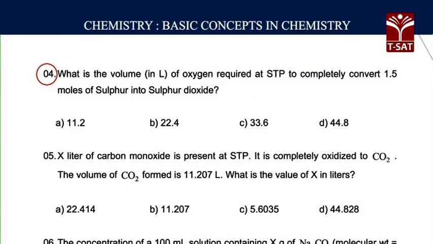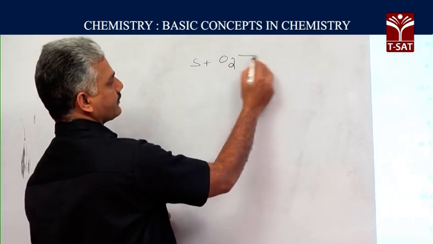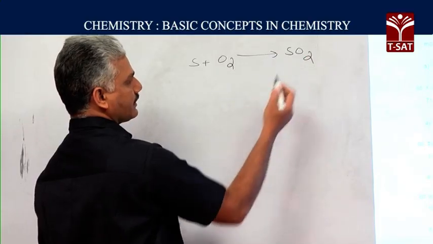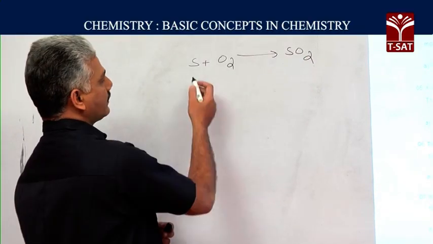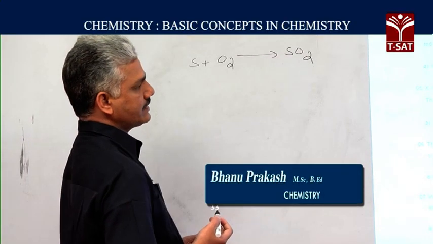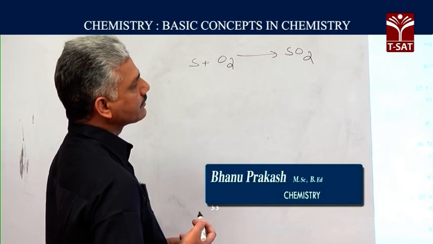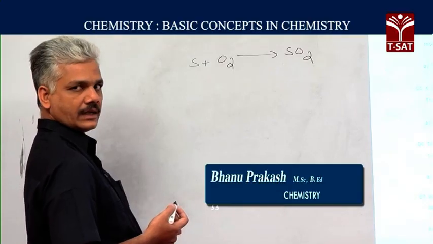What is the volume of oxygen required at STP to completely convert 1.5 moles of sulfur into sulfur dioxide? When sulfur is made to react with oxygen, you will get sulfur dioxide. So, the molar relation required is between sulfur and sulfur dioxide.